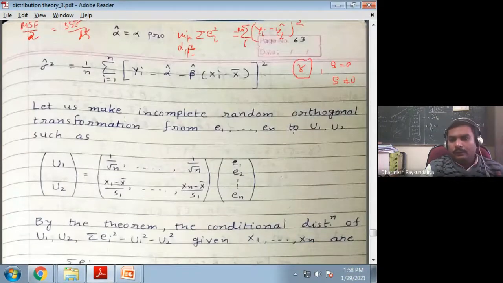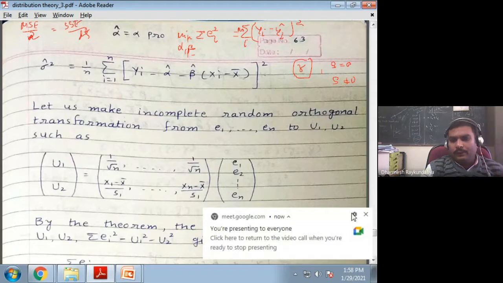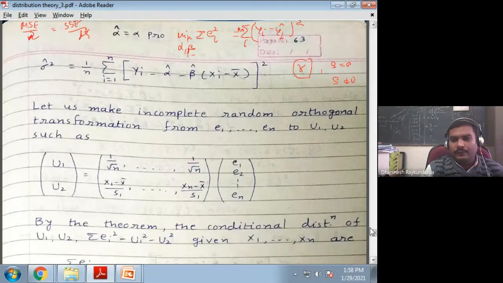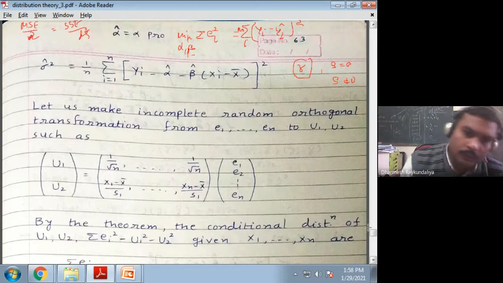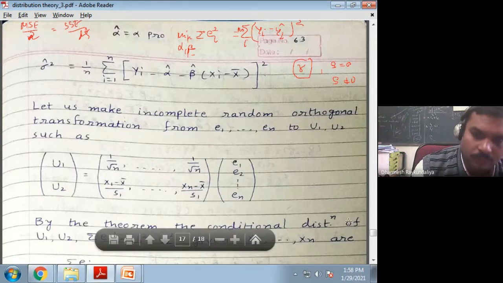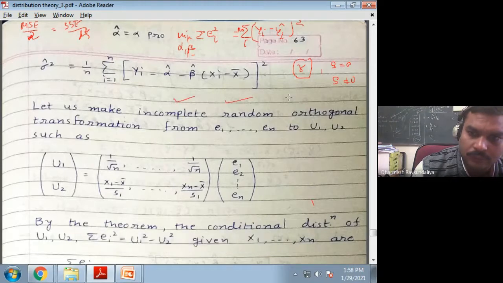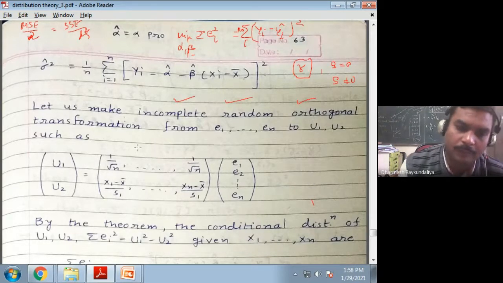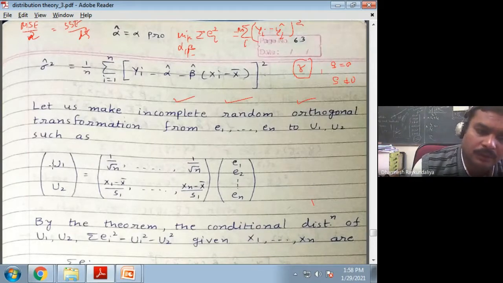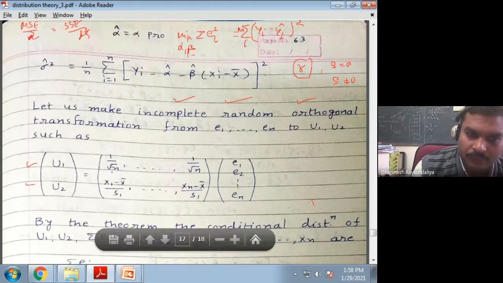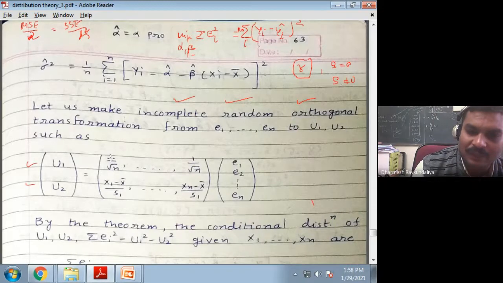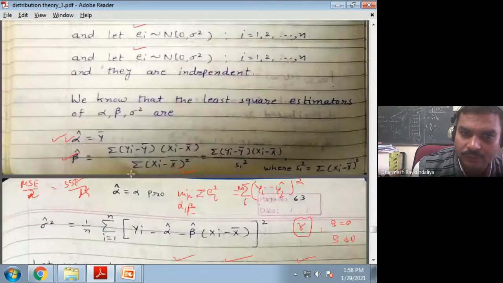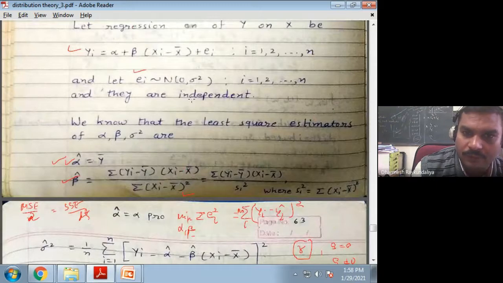Even if you are interested in finding the distribution of the regression coefficient, we have to use the concept of the incomplete random orthogonal transformation. This concept you have to remember. Let us consider u1 and u2 as the two variables. Here we assume that epsilon has distribution normal 0 sigma square.